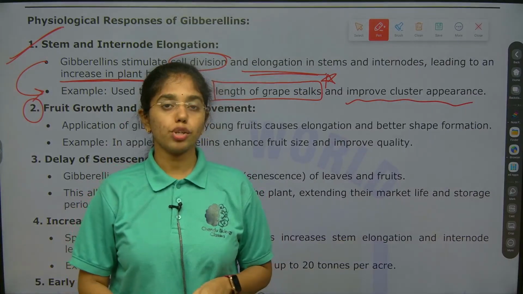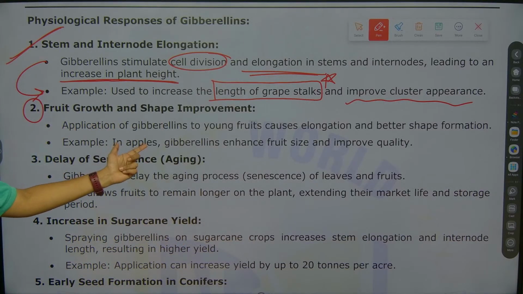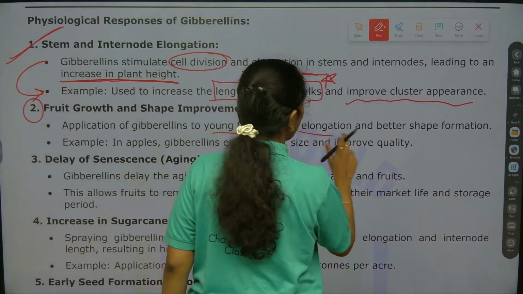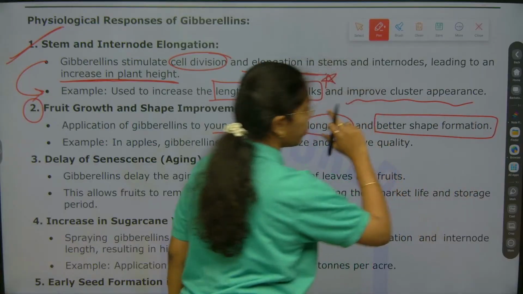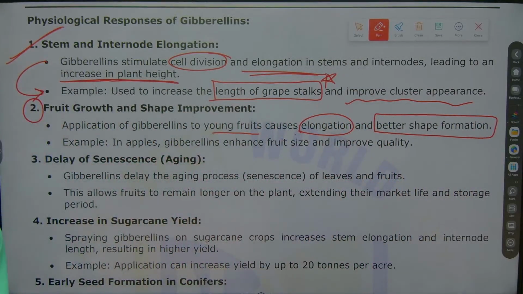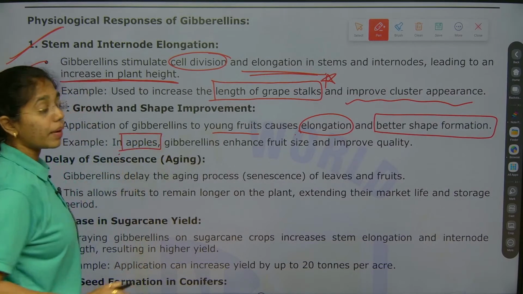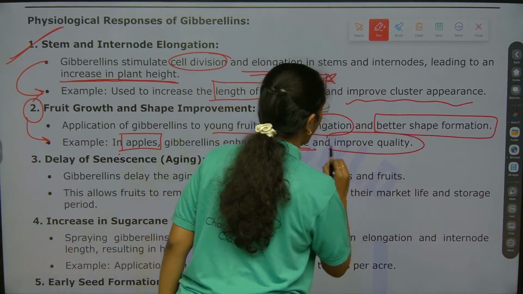Application of gibberellins to young fruits will cause elongation of the fruits, and this gives better shape formation. For example, in apples, gibberellins will enhance fruit size and this will improve the quality.